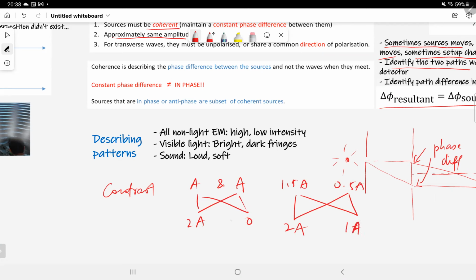But we don't compare just the amplitude. We want to convert it into intensity.